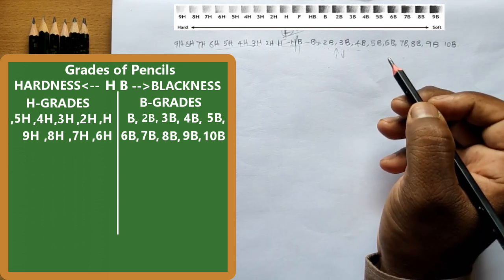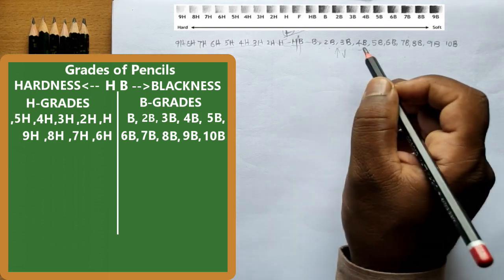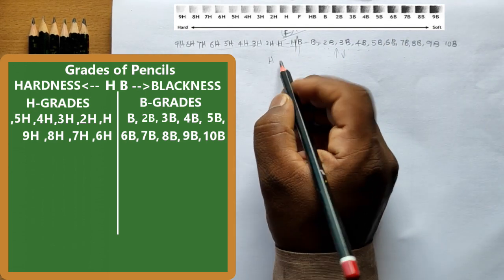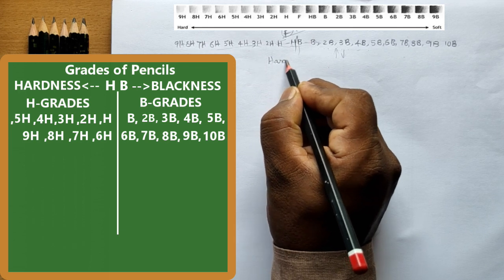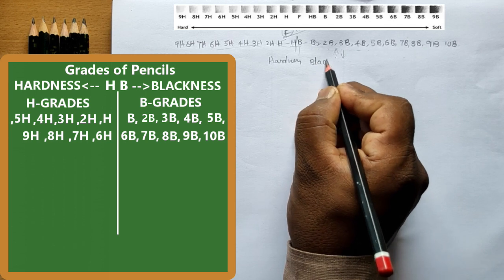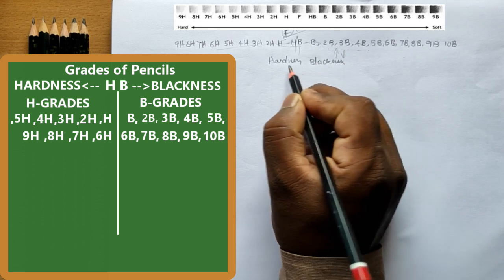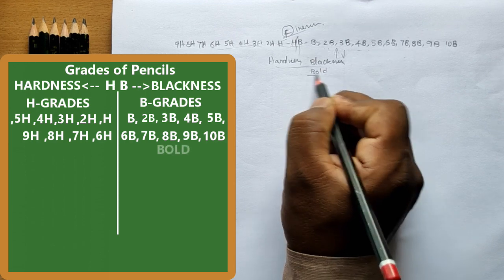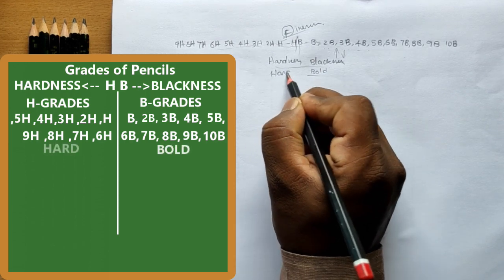Let us see a few more differences, like how these numbers are further categorized. Let me remind you, H stands for hardness and B stands for blackness. We can also call it bold and hard.